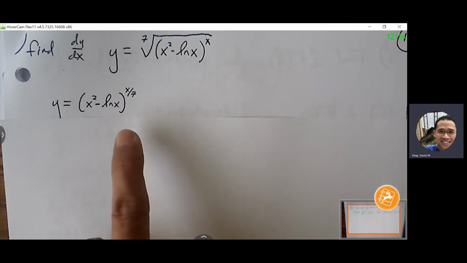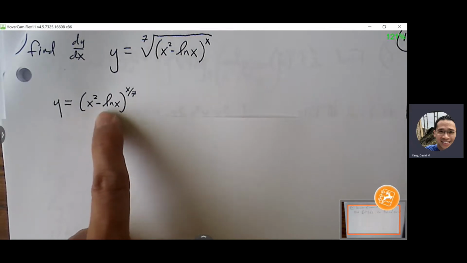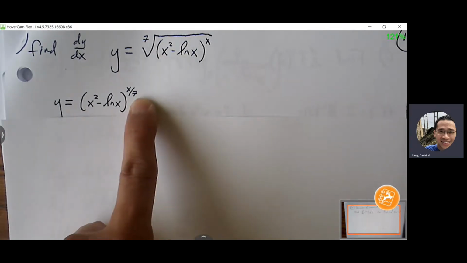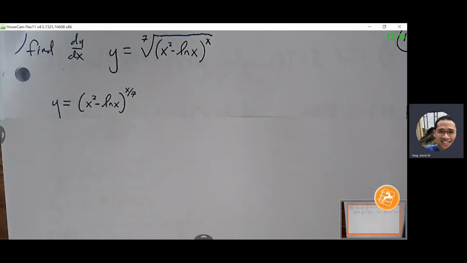All right, so we need to realize that there is no rule that can handle this problem, because you have a variable base and a variable exponent. We don't have a rule for variable raised to variable. So what can we do so that we can get this to look like something else? You guys remember?